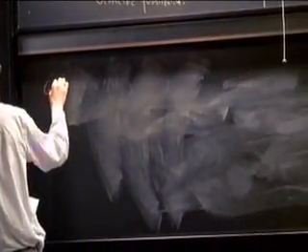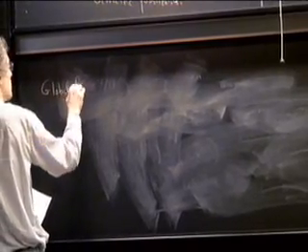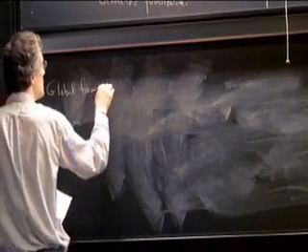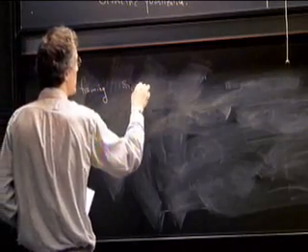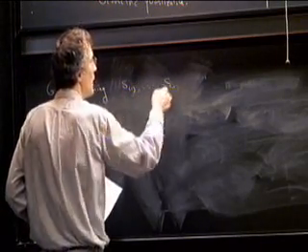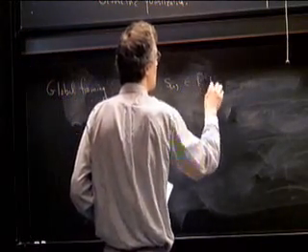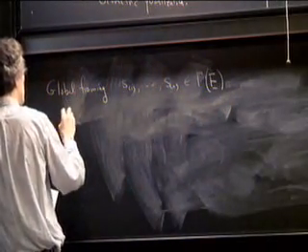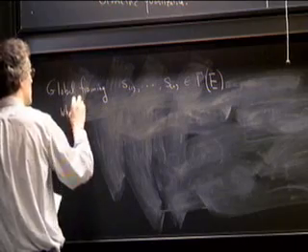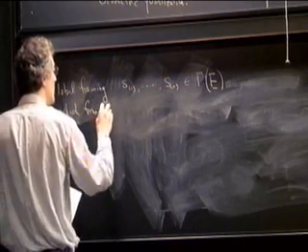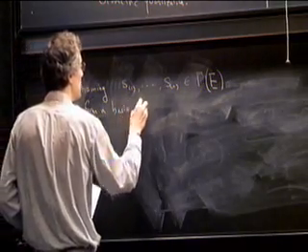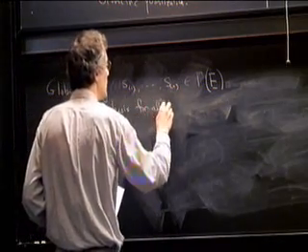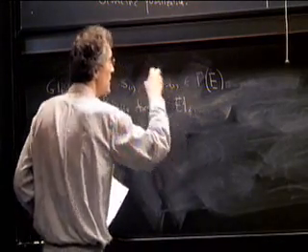So a global framing would be a choice of sections S sub 1 through S sub n in Gamma of E, which form a basis for all E sub x's.